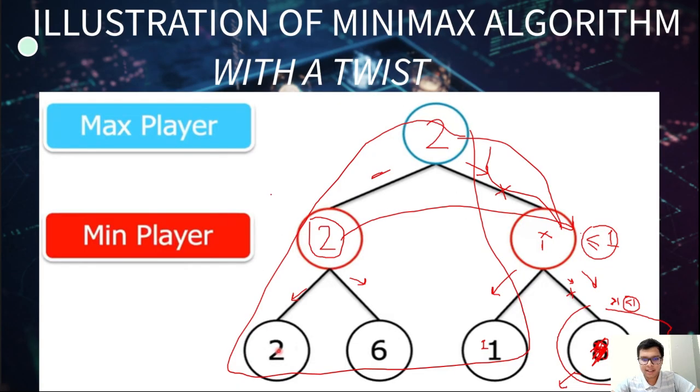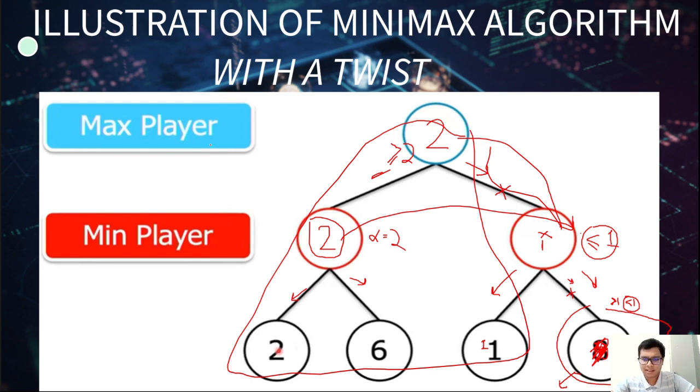For example, here the maximizing player was guaranteed to achieve some value greater than or equal to 2. So after we got through this loop of this node, our alpha was 2. Because after we got a value of 2 here, we know that this node is going to be more than or equal to 2. Fine. So alpha is 2 here because it is the minimum guaranteed value that the maximizing player would achieve.